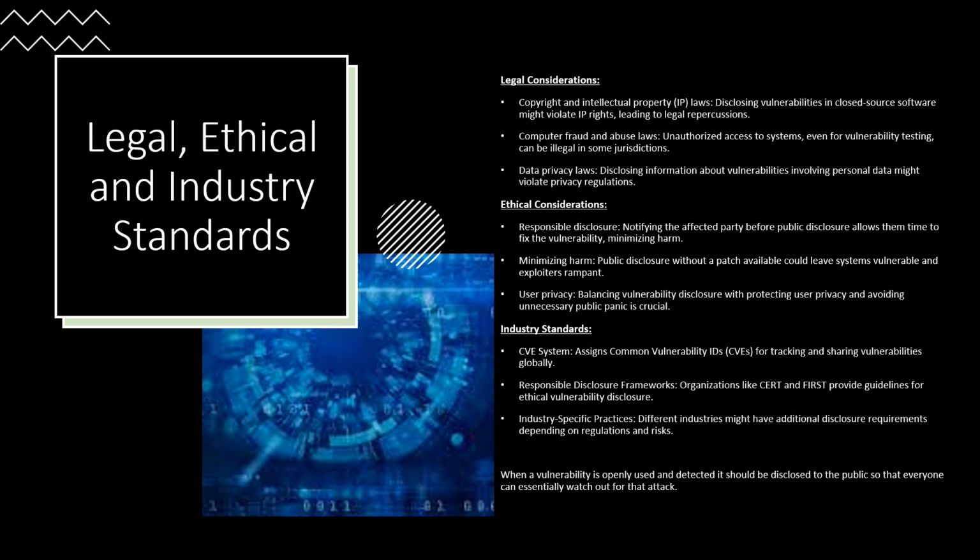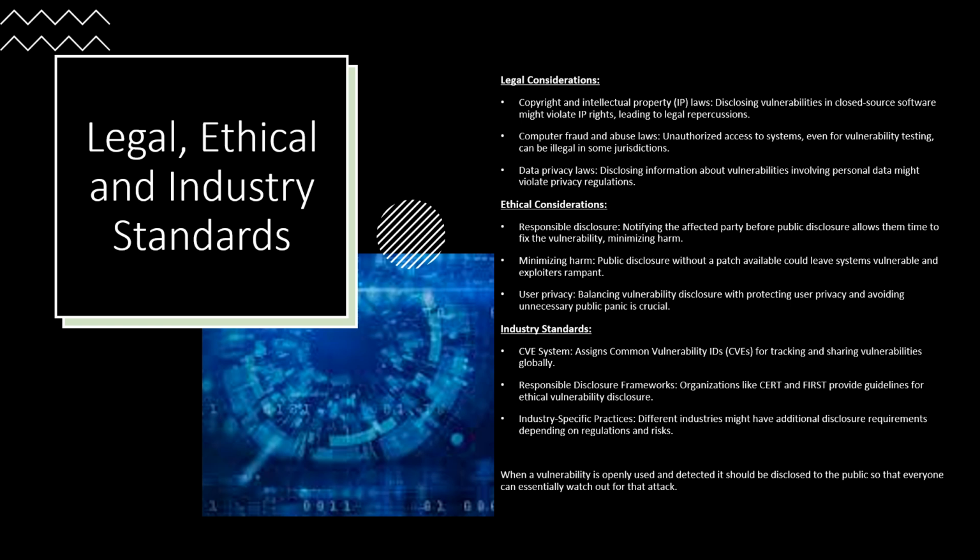So, industry standards. The CVE system tracks and shares vulnerabilities globally, so everybody knows about them. It assigns common vulnerability IDs. Responsible disclosure frameworks: organizations like CERT and FIRST provide guidelines for ethical vulnerability disclosure. Industry-specific practices: different industries have different requirements, SOPs, and regulations based on the business.